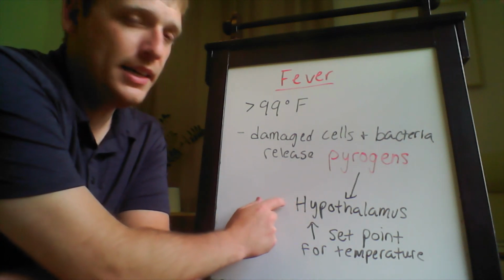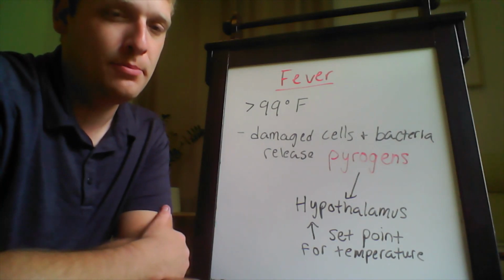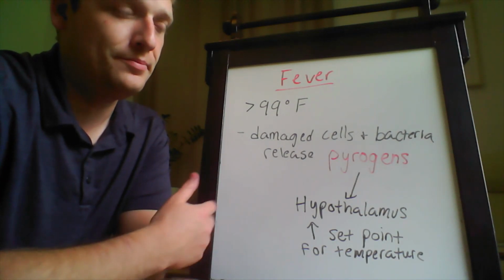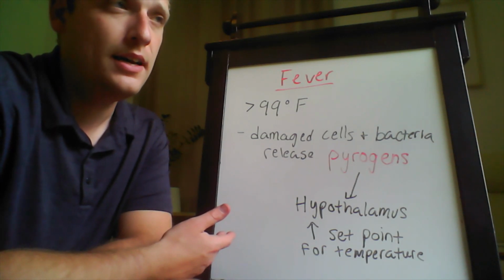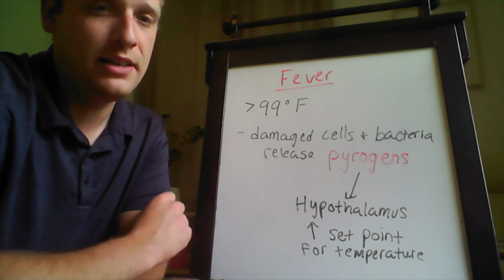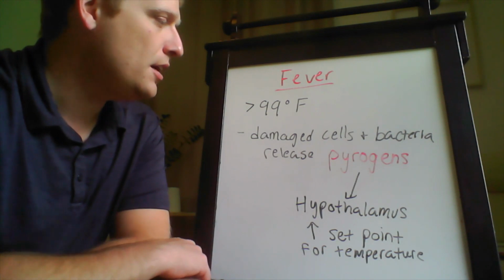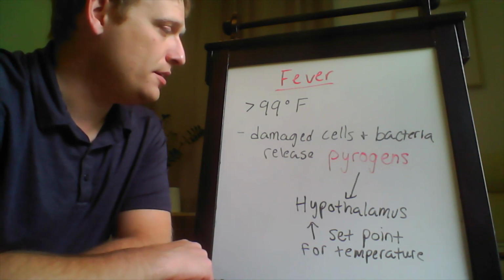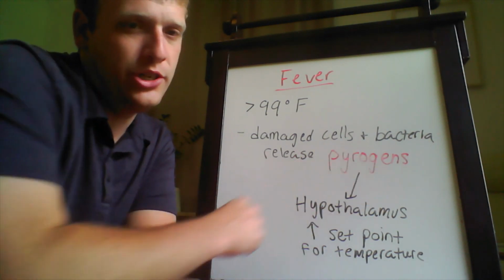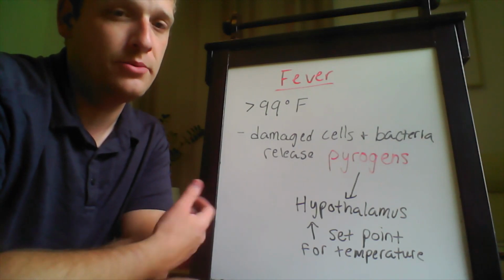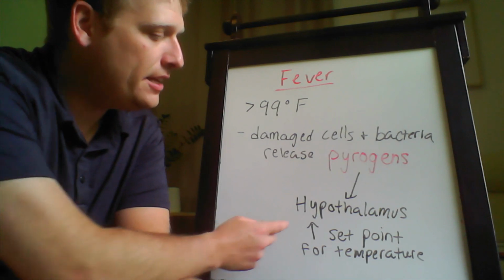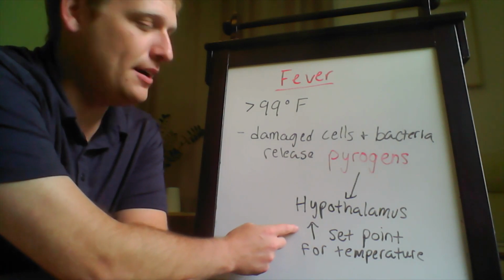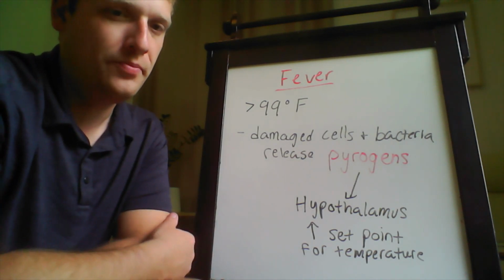So normally the hypothalamus keeps your body temperature through negative feedback homeostatic mechanisms at about 97, 98 degrees. And these pyrogens, these substances that are released by bacteria or damaged cells, increase the set point up to a higher temperature.